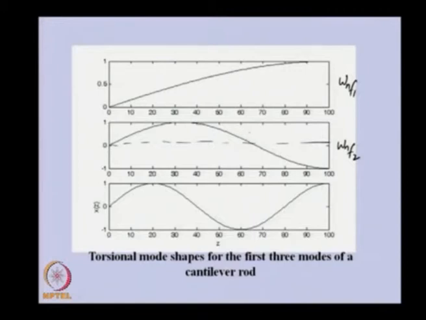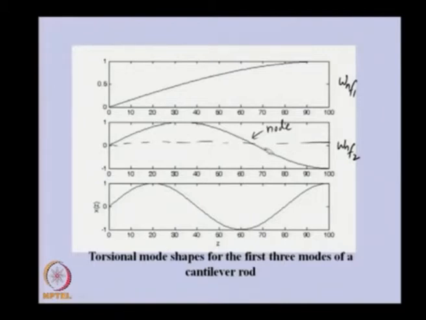So, this particular position is called a node, as we have seen earlier also. There will not be any angular displacement of the shaft at this particular place, but either side of this will have opposite motion.